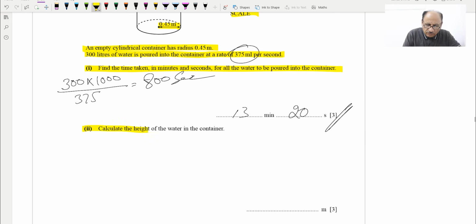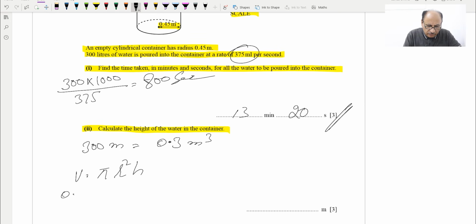Now next is calculate the height of the water in container. So height of the water is what? First of all, we know this is 300 liters, and we need to convert into meter cube. So this will be 0.3 meter cube. Then we can write volume is equal to pi r square h.